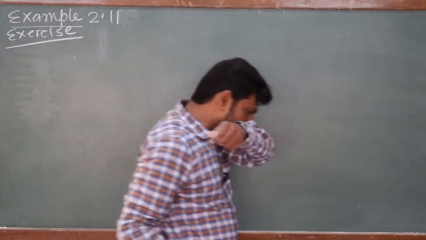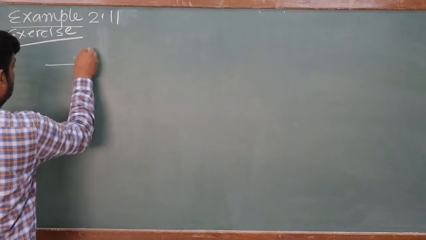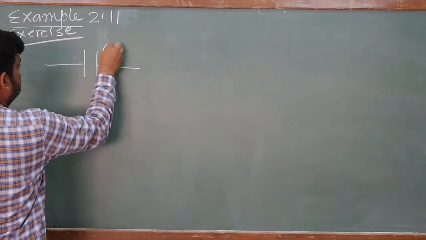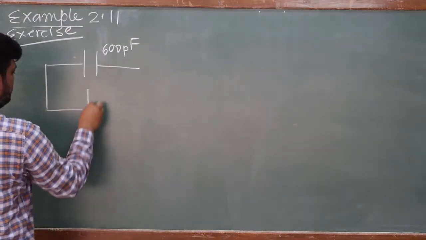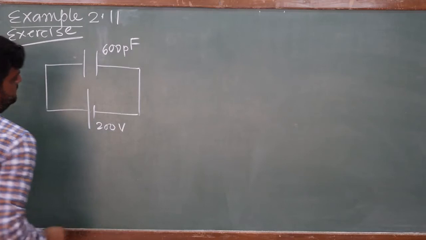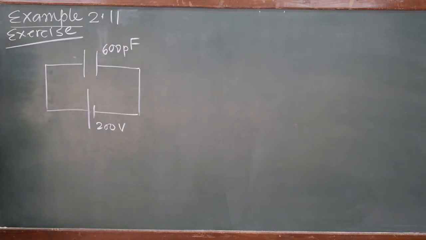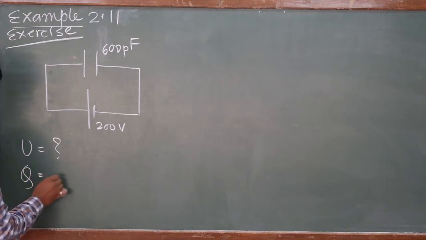The question is like this: a 600 picofarad capacitor is first connected with a battery of 200 volt. Correct? So find U equal to what? Q equal to what? Right?